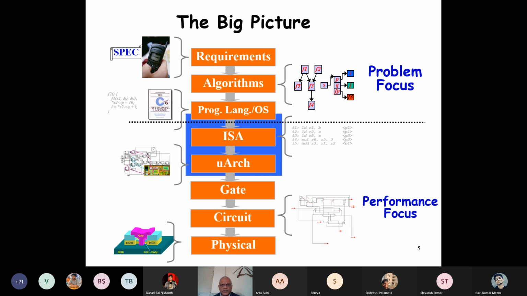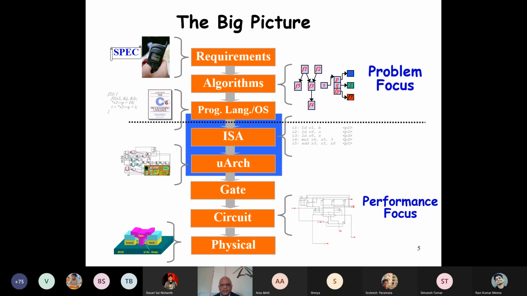On the other hand, on the hardware side, instruction set architecture is the starting point, but here based on the instruction set architecture, first design the microarchitecture, how many caches, is it pipelined, how many floating point units, how many arithmetic units, etc. And then do the gate level design, and based on that do the circuit level design, and finally the physical layout on a semiconductor.